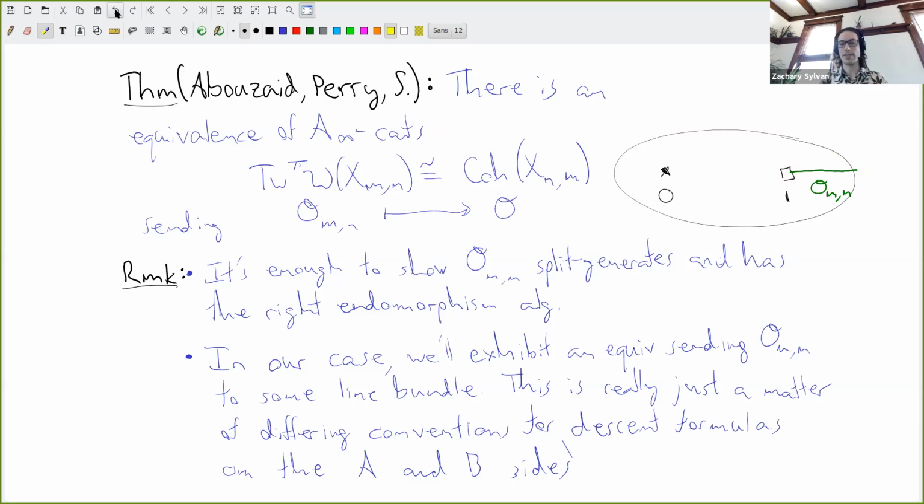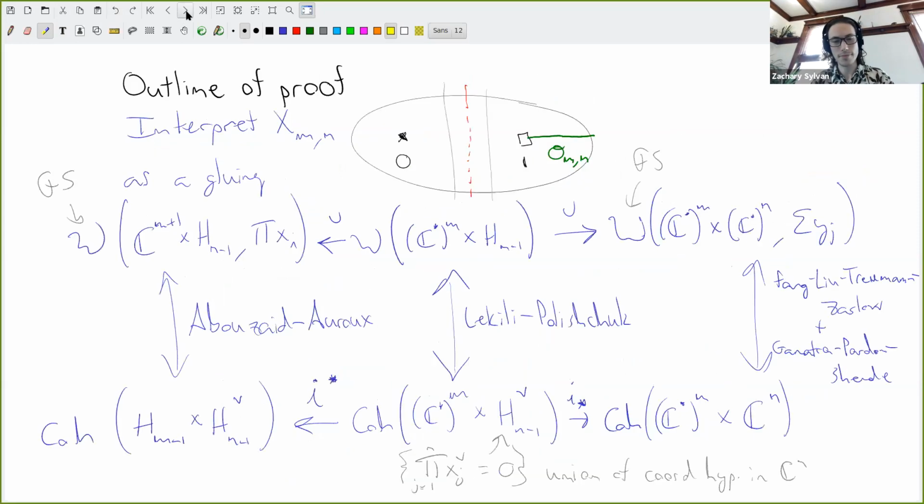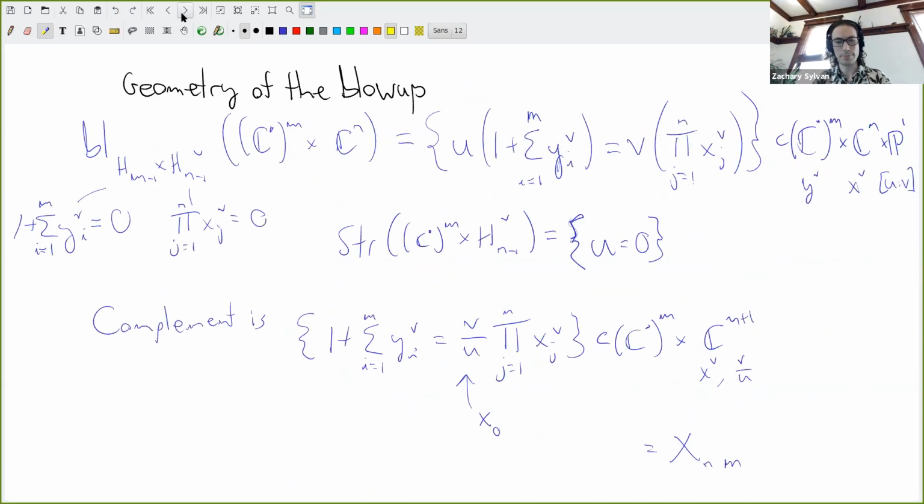We've computed that it is in fact mirror to some line bundle, and so once we cook up our closed Lagrangians, we can test them against this thing and figure out what point they're mirror to. Okay.